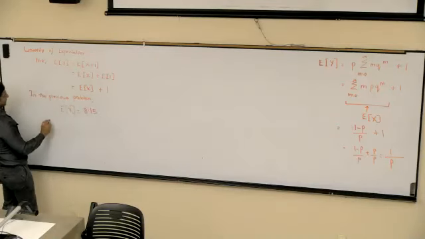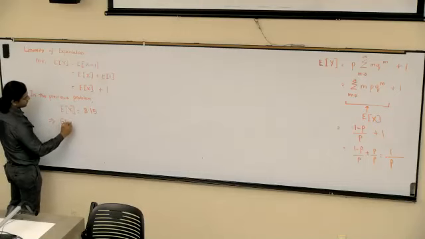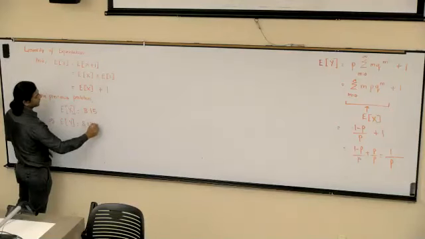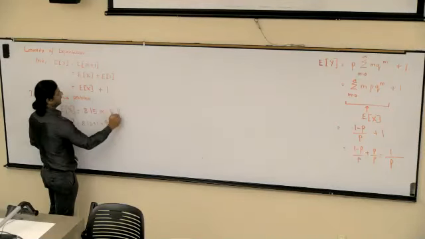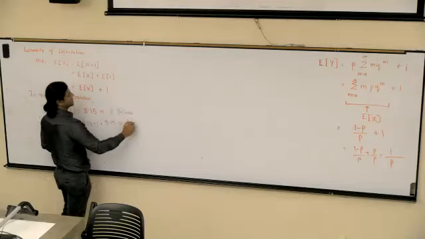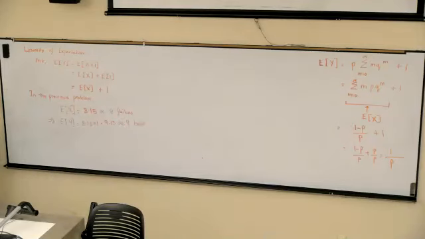Well, naturally, expectation of y would then be equal to 8.15 plus 1, which is 9.15. There, 8 failures. Here, 9 tries. But they are equivalent. Do you agree?